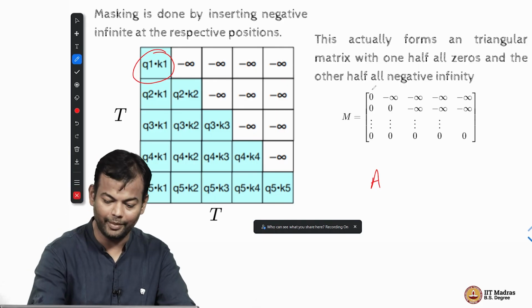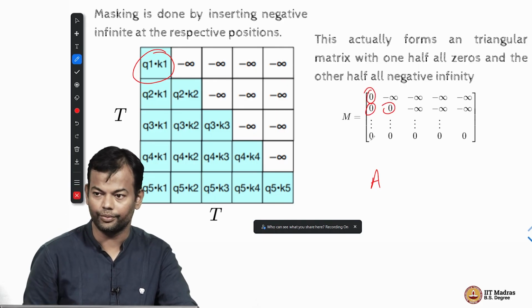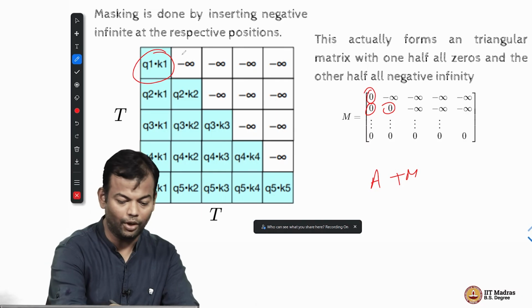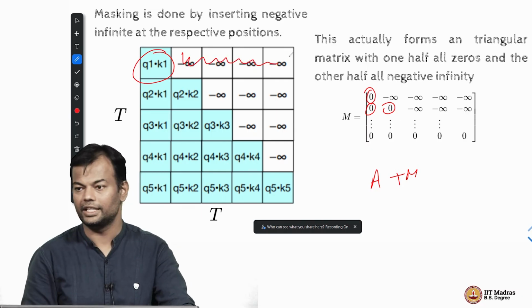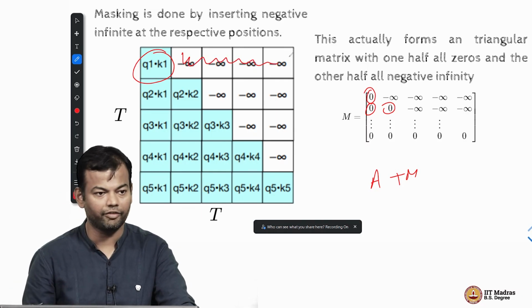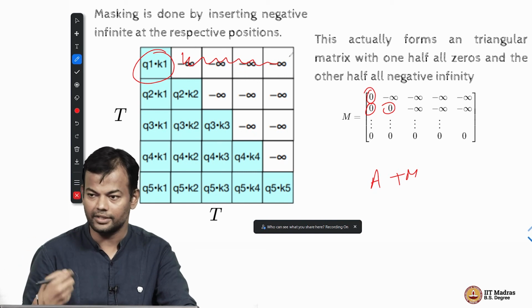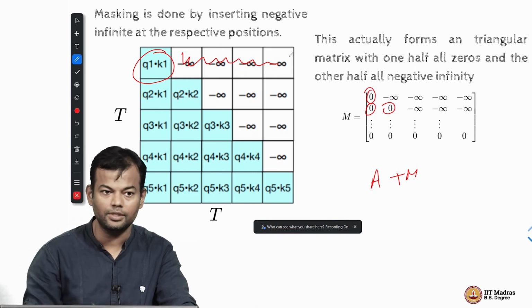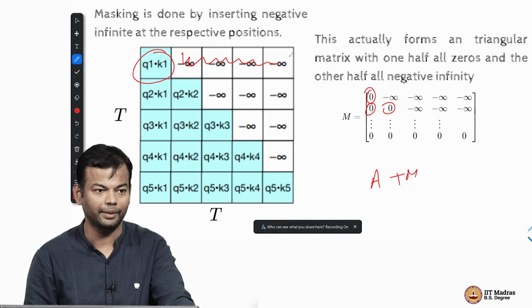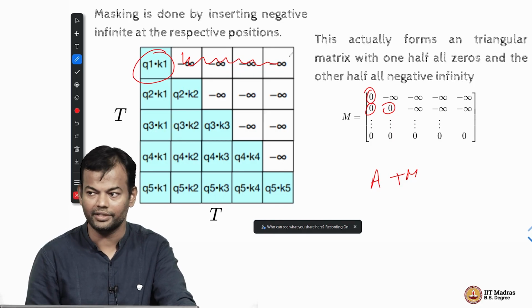Those entries will remain as they are because they are getting added to 0. But wherever you are not supposed to see, those entries will become minus infinity, and when you do the softmax, e raised to minus infinity would be 0. So those attention weights will become 0. Is this clear, everyone? So you understand how masking is done?